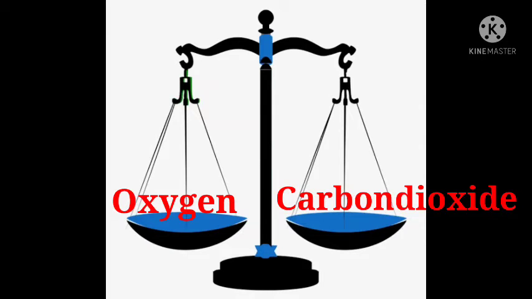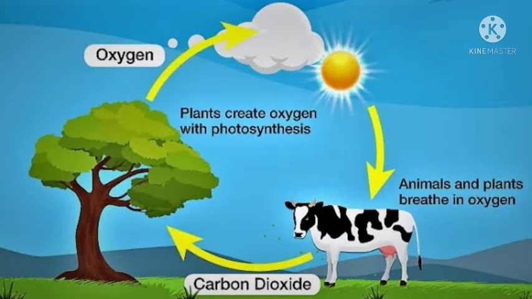Now, let us learn how balance of oxygen and carbon dioxide is maintained in nature. Oxygen is constantly used by all living organisms, but the percentage of oxygen in the atmosphere remains almost the same. This is because of the process of photosynthesis and respiration.